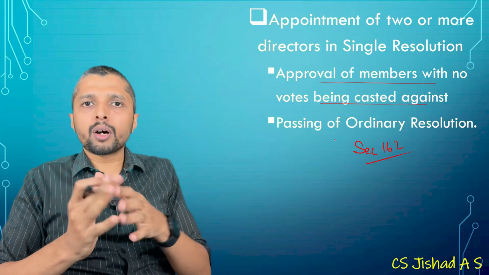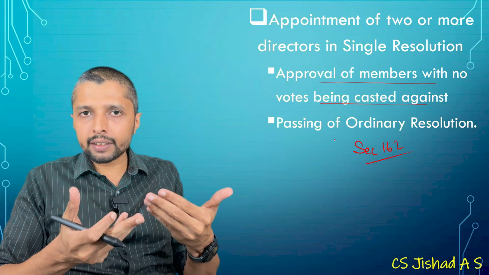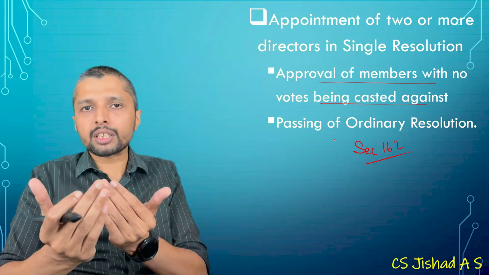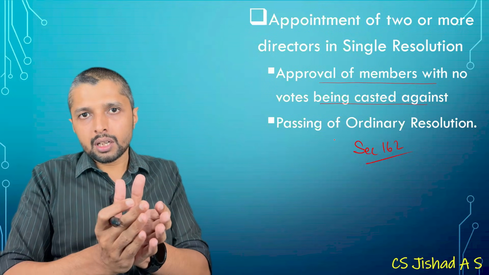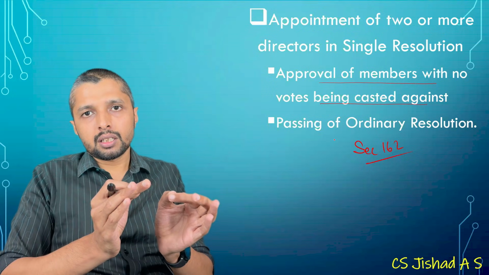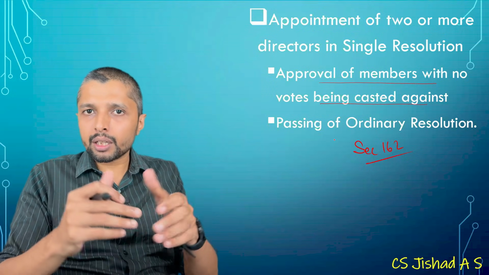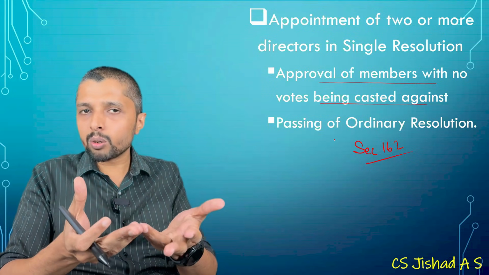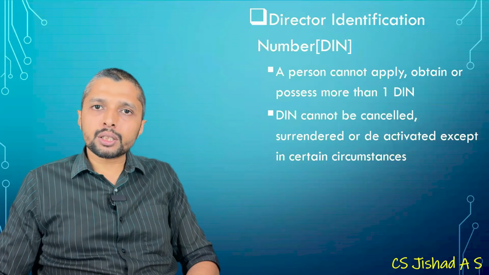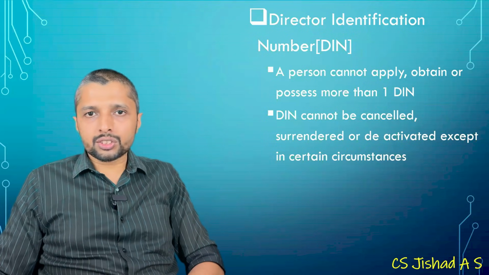But if you want to appoint 2 or 3 or 4 directors in a single resolution, you will have to get the approval of members with respect to the kind of voting, with no votes being cast against. Then once the approval is obtained, you can give the ballot to the members, and if the ordinary resolution is passed, you can appoint such directors.